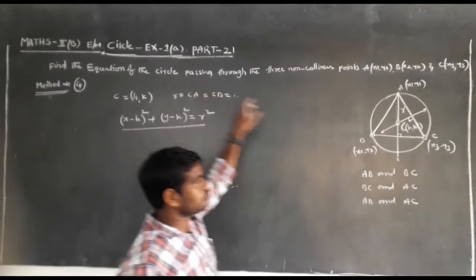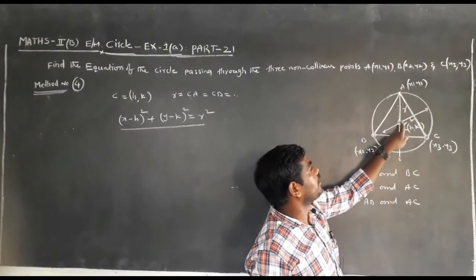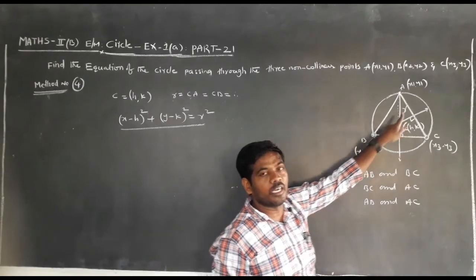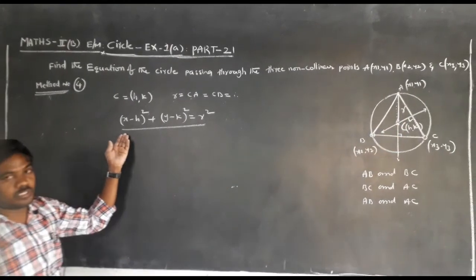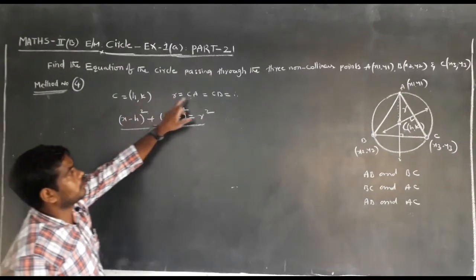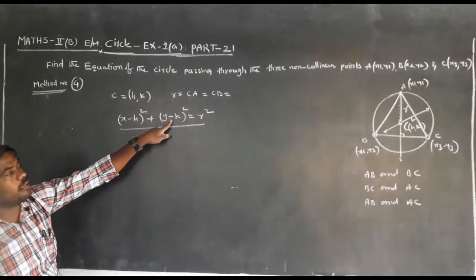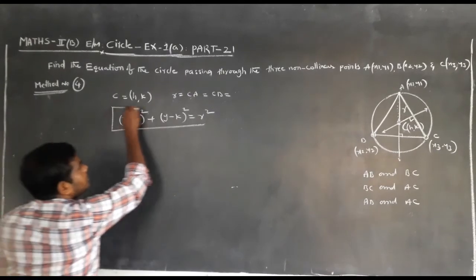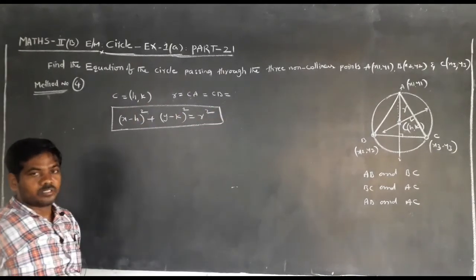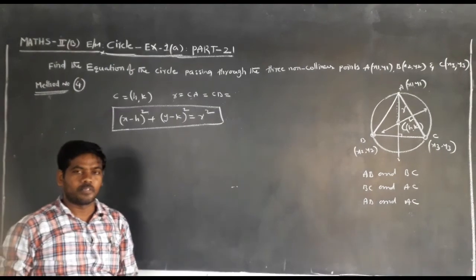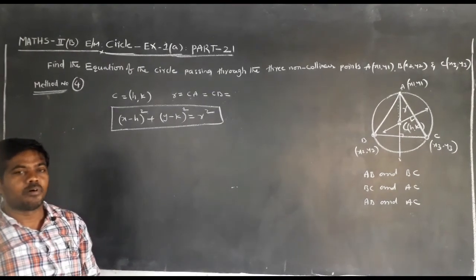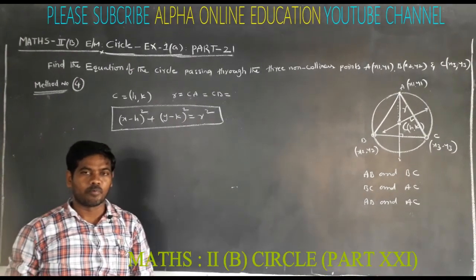The equation of the circle with center (h, k) and radius r is (x - h)² + (y - k)² = r². This is the process for finding the equation of the circle passing through the three non-collinear points.